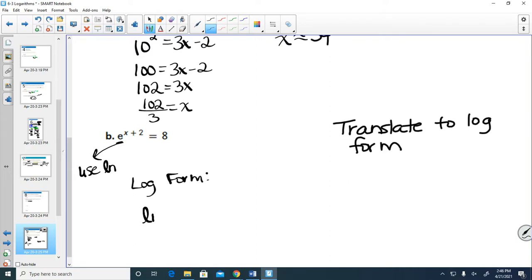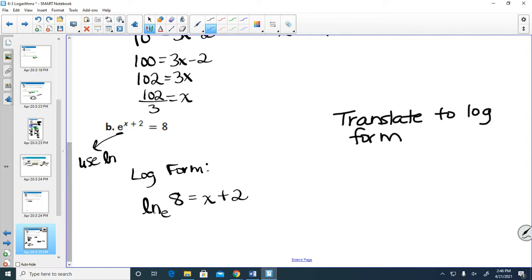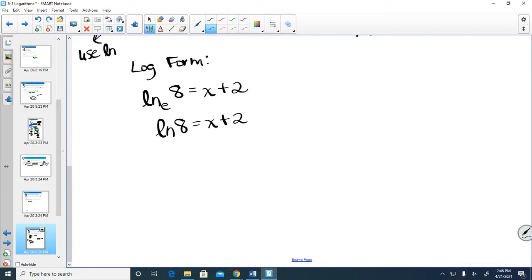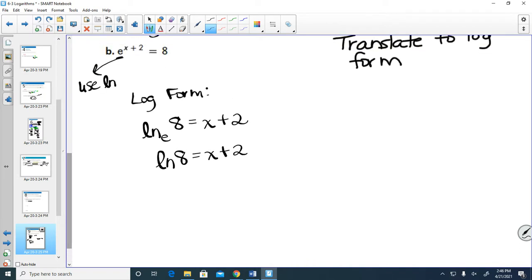I'll have the natural log base e of 8 equals x plus 2. The natural log base e is already understood, so that's the same thing as natural log of 8 equals x plus 2. The natural log of 8 itself is one number, so it has parentheses around it. I need to get the x by itself, so I'm going to subtract 2 on both sides.